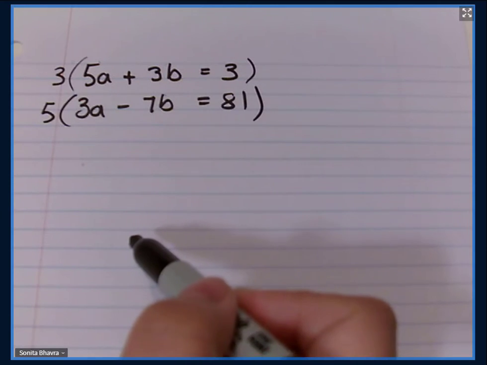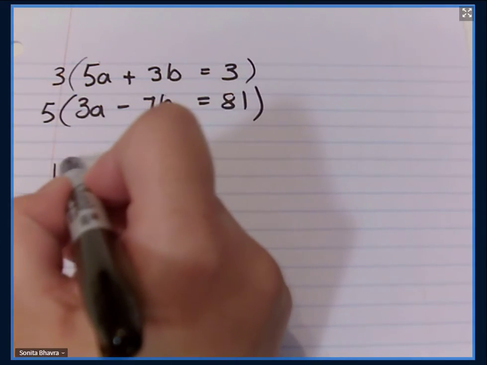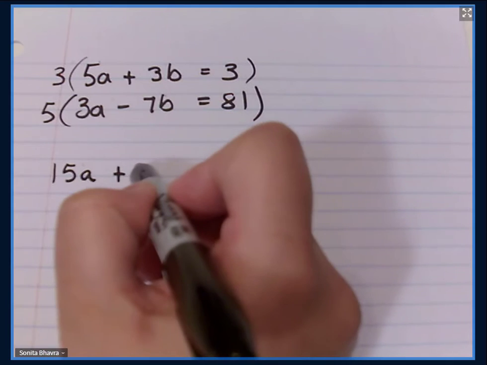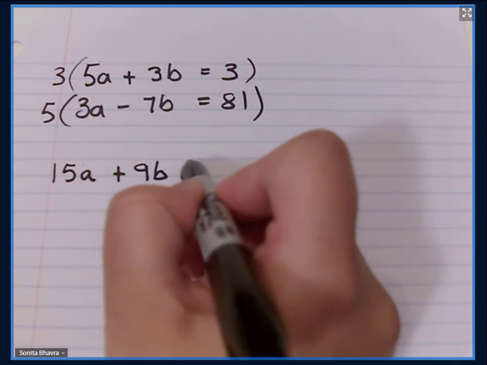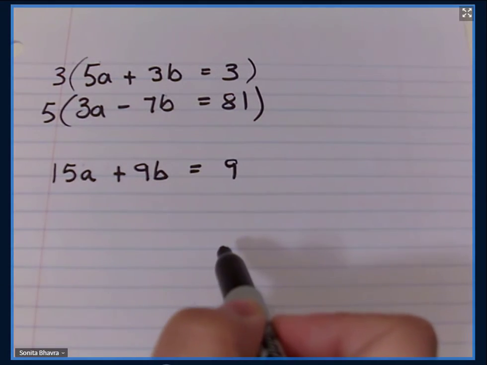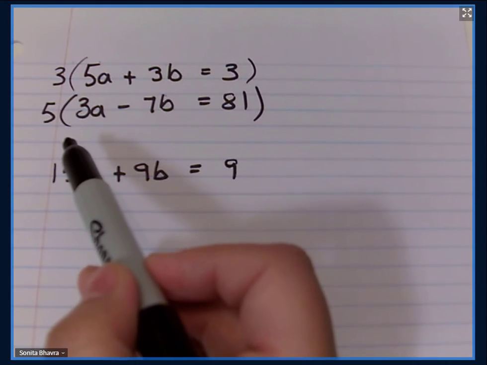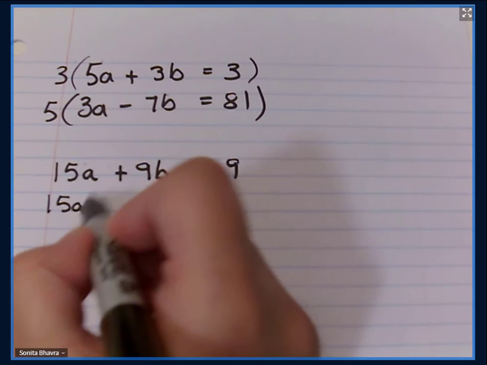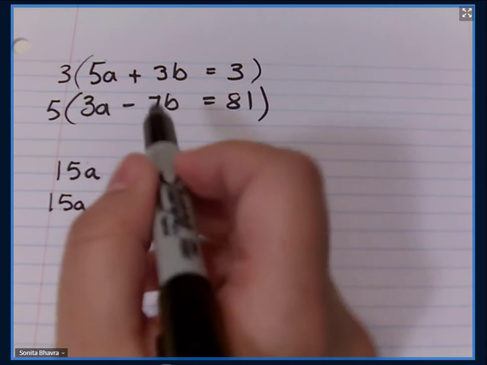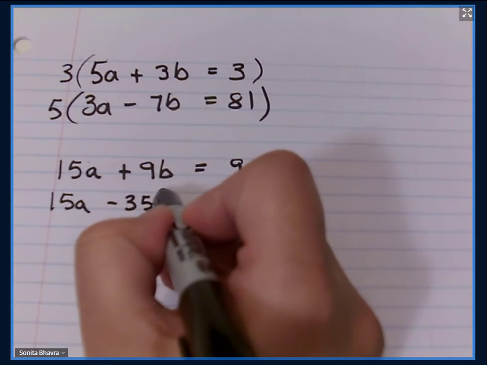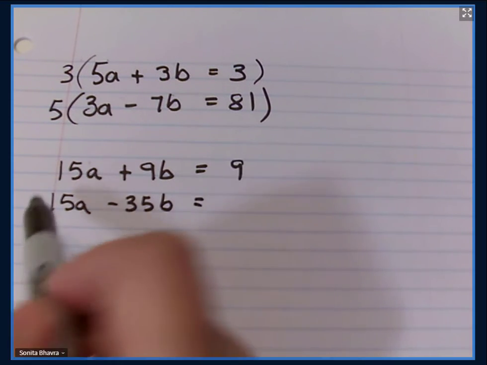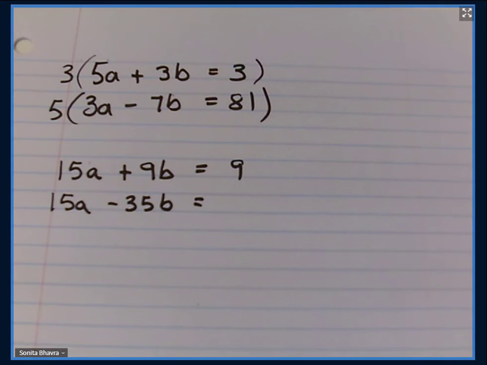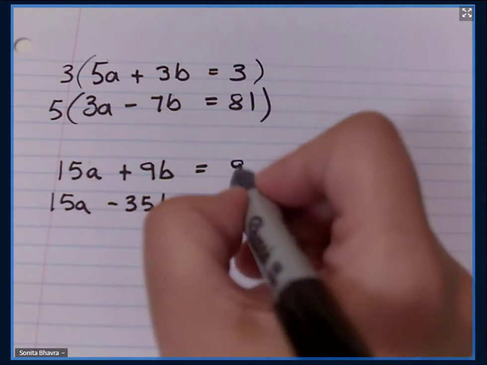That gives me the top equation 15a plus 9b is equal to 9. In our second equation, 5 times 3a is 15a, 5 times negative 7 is negative 35b, and it's equal to 81 times 5, which is 405.